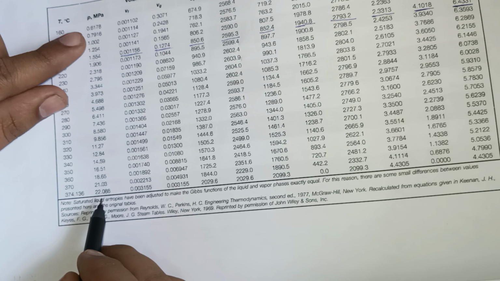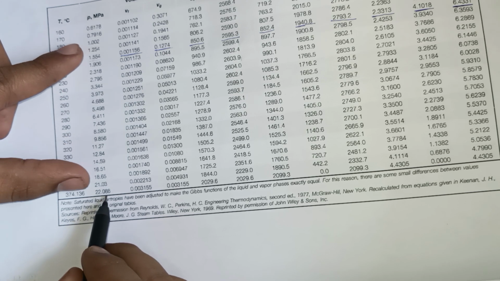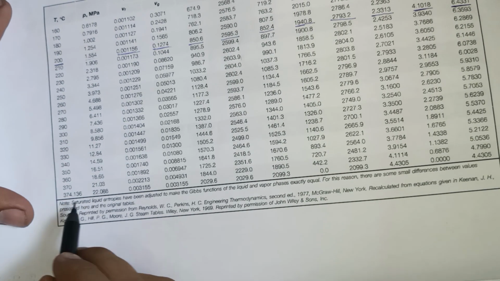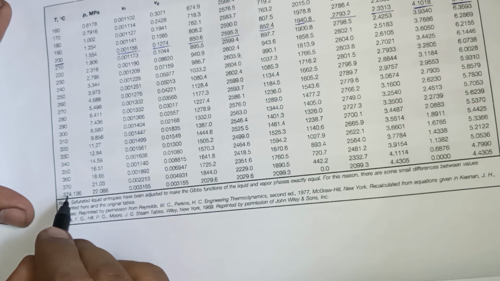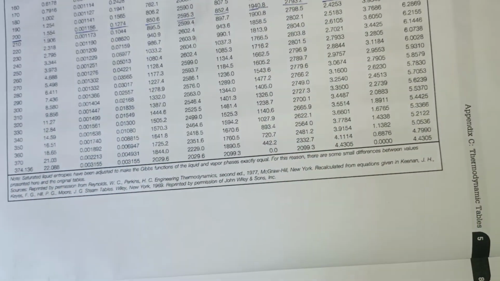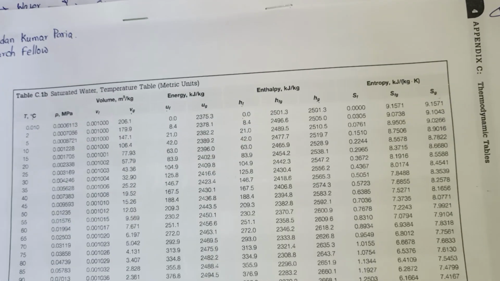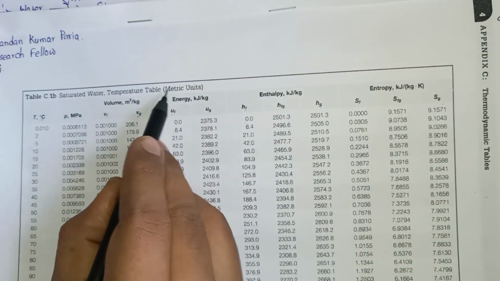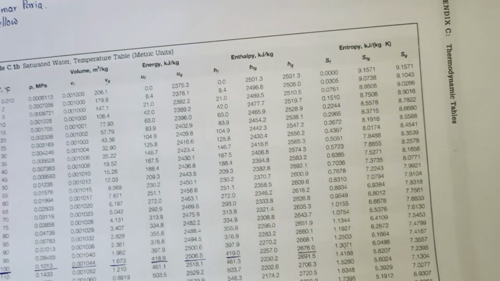If you convert 22.088 megapascal into bar, that is 220.88 bar. So this is all about the steam table on temperature. This is the temperature table.